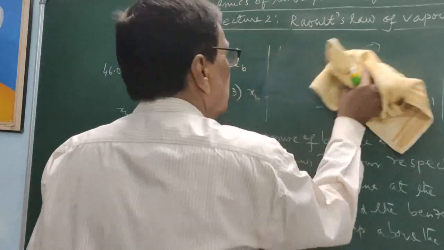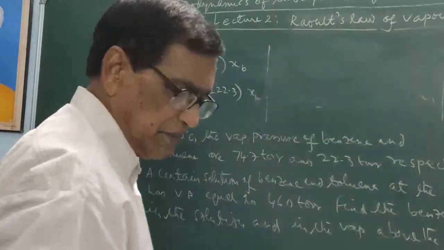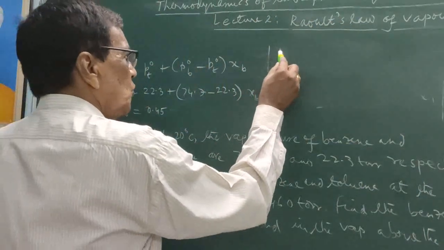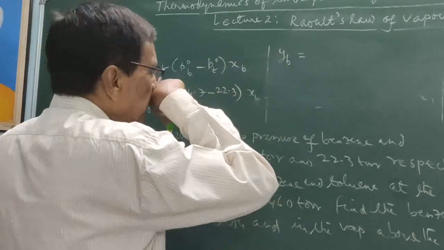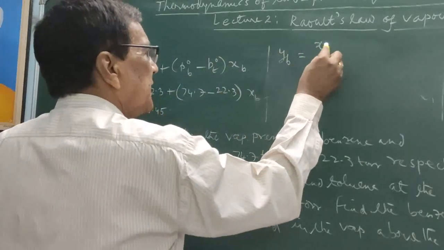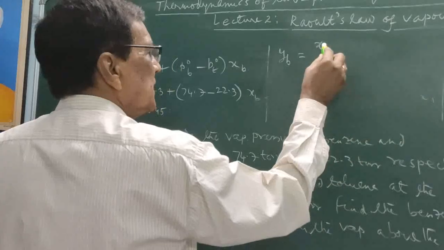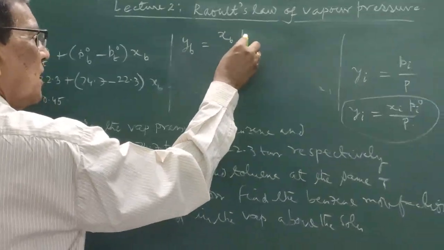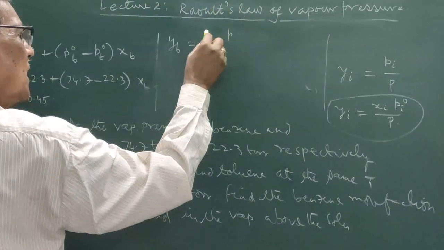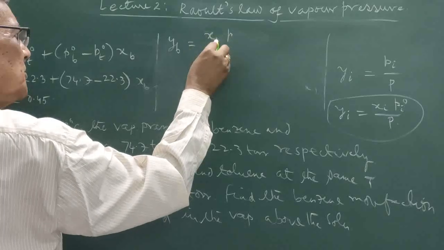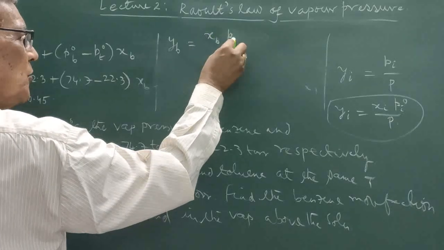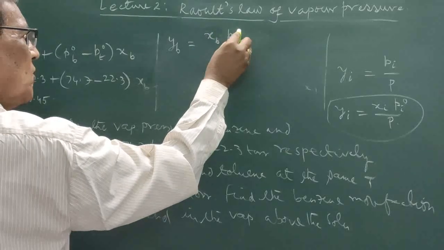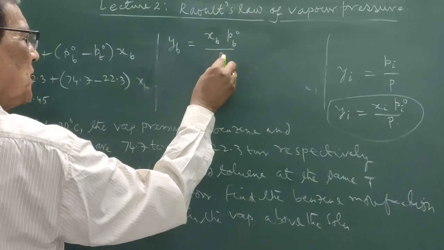The next one is the mole fraction of benzene in the vapor phase, meaning YB equal to XB into PB naught divided by total pressure.